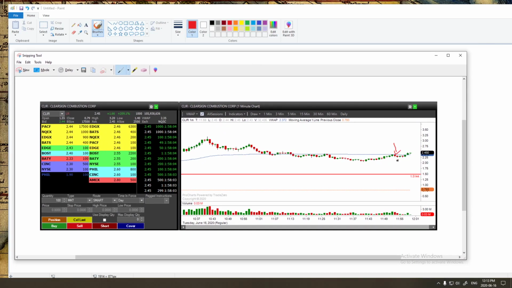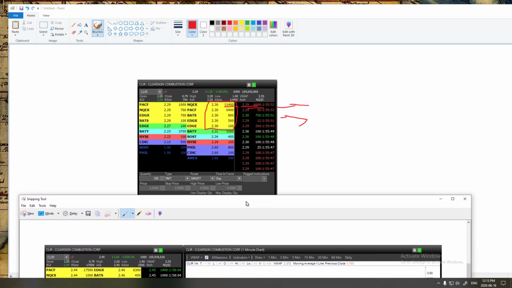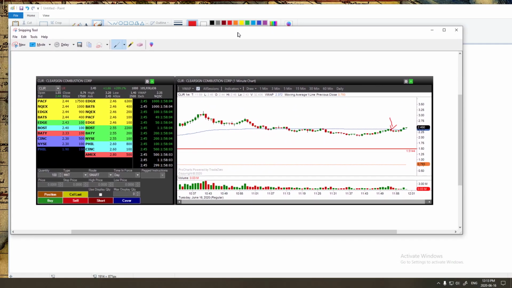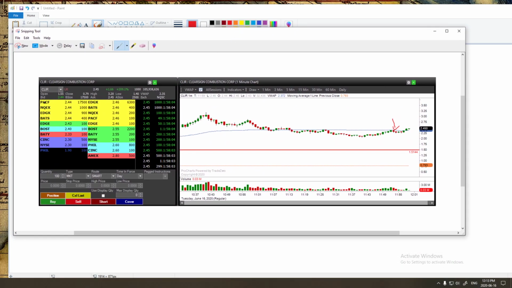So this thing went down, okay? But now look, the moment that I took the screenshot, around 11:58. So how many minutes difference? This one is 11:55. So 3 minutes after, you see on the buyer side, on the bid side, look at that.